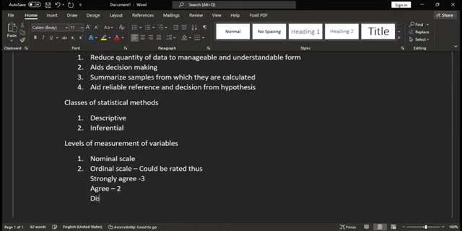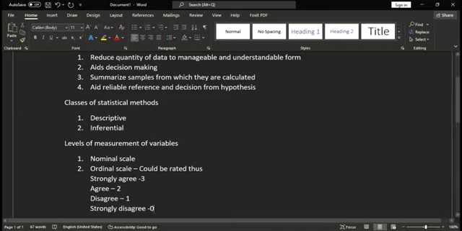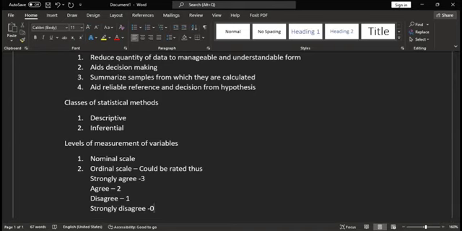Disagree, having a rating of 1. And then strongly disagree, having a rating of 0. So you can see the difference between strongly agree and strongly disagree.